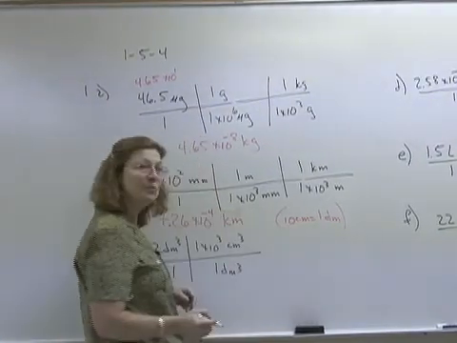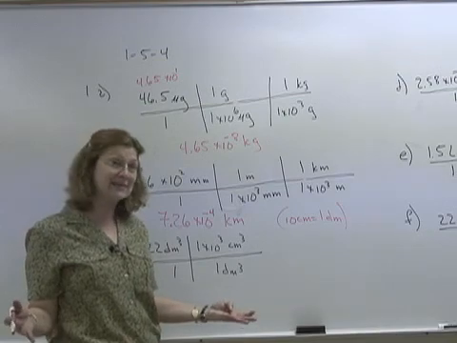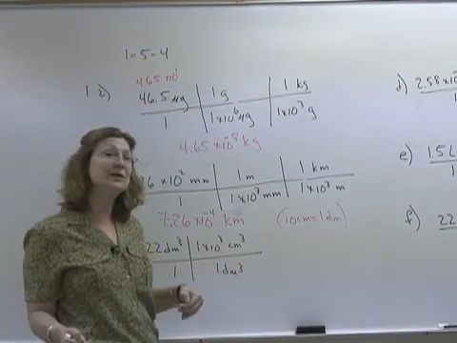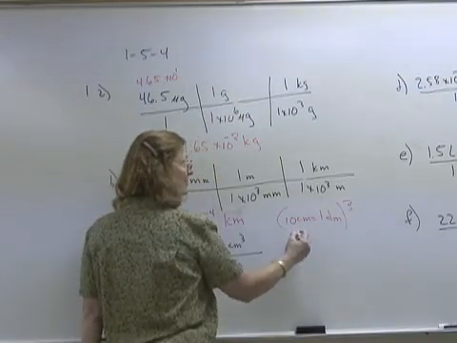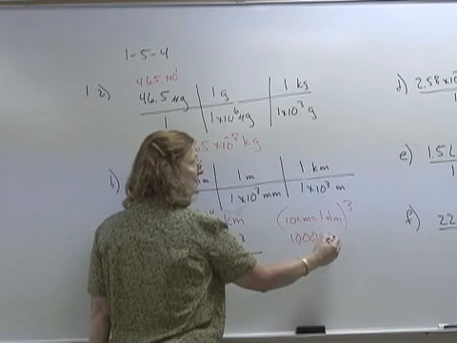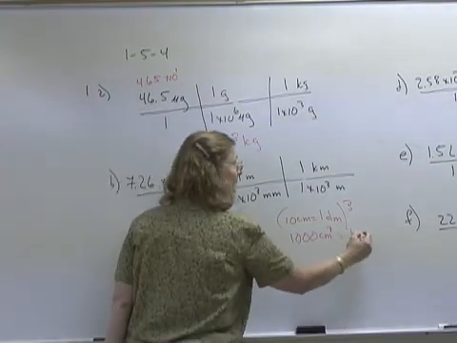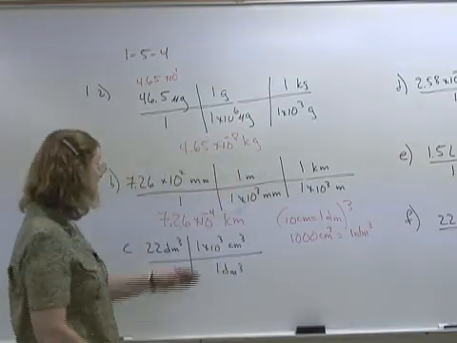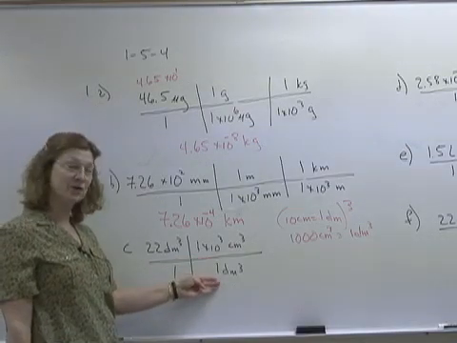And I am cubing the whole thing because when we use volume like gases where they have height, width, and depth, I have to use a cubic unit. So when I cube 10, I get 1,000 centimeters cubed, and 1 cubed is 1. So this is my conversion factor. So I have 1,000 centimeters cubed is equal to 1 decimeter cubed.